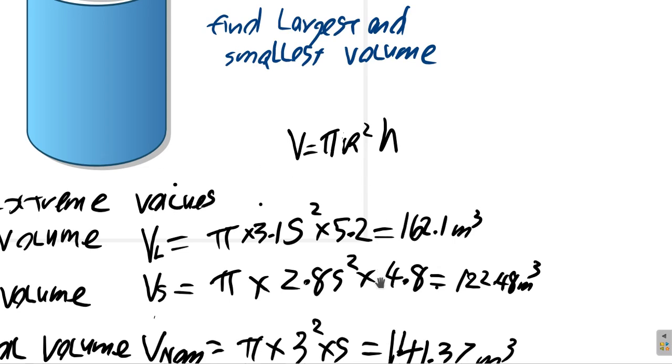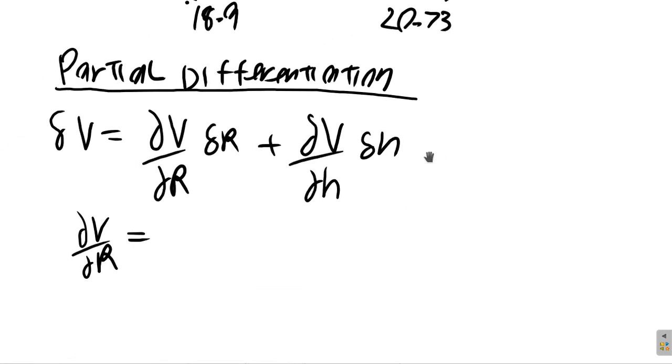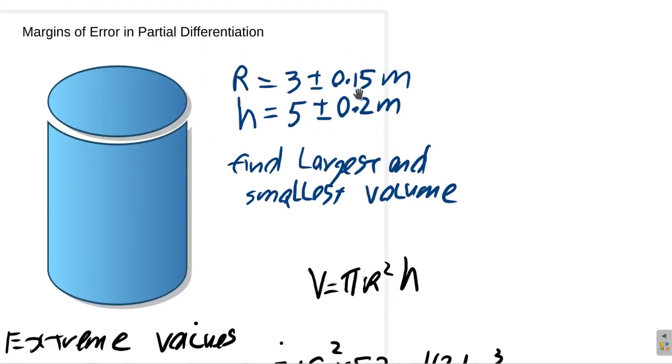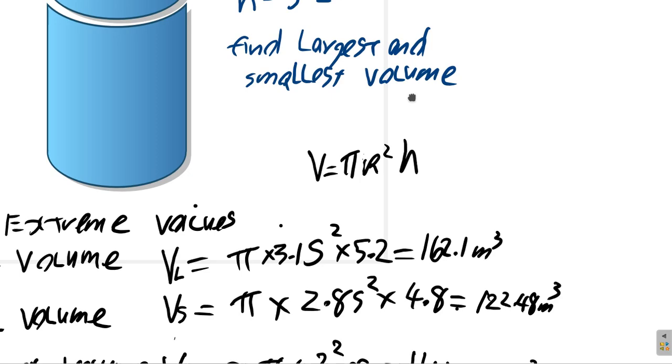Delta r is the change in r, plus or minus 0.15.